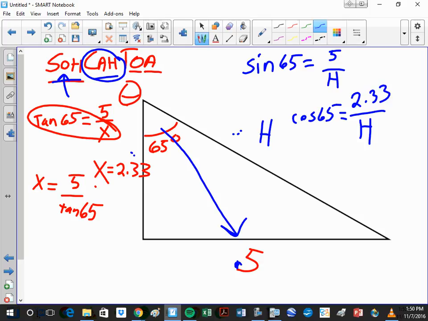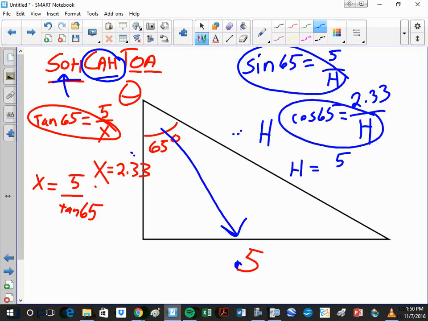Both of these are switch problems. We switch those, and I end up with h is equal to 5 over the sine of 65, or h is equal to 2.33 over the cosine of 65.